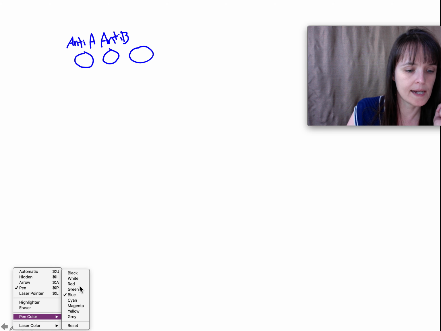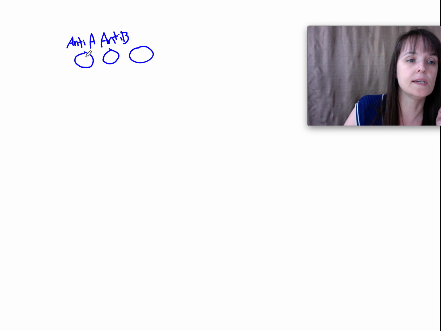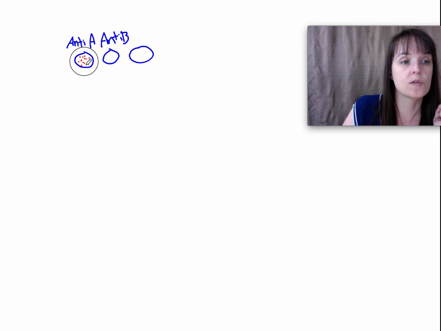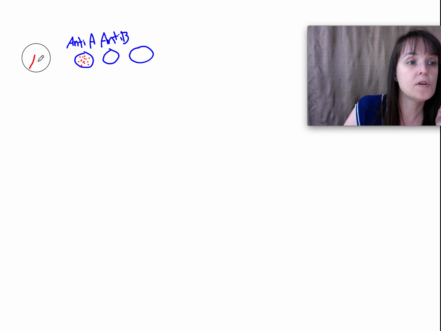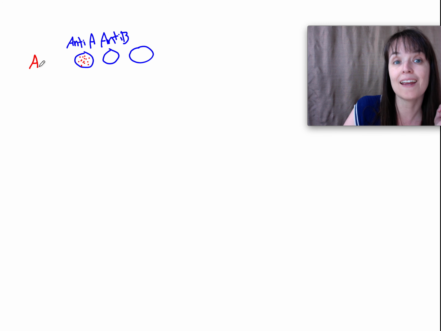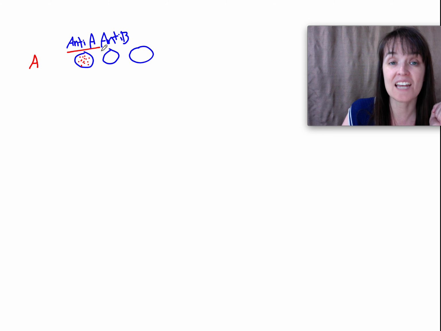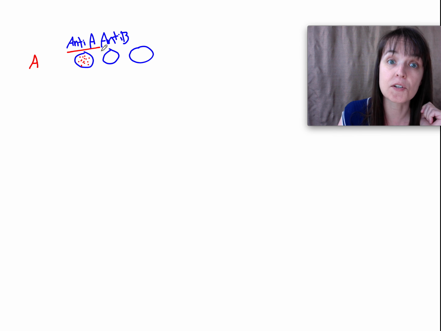when you add blood to this, in the anti-A antibodies, if you see spots or clumping or stippling or agglutination, then you know you have the A surface antigen, because the anti-A antibodies only attack the A surface antigens.